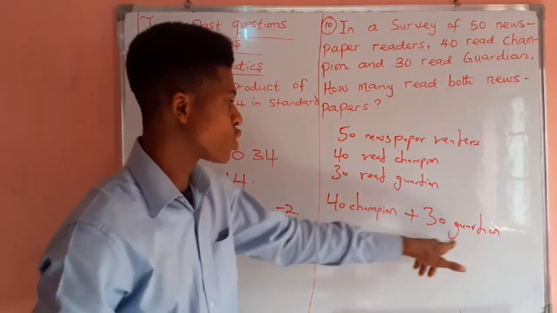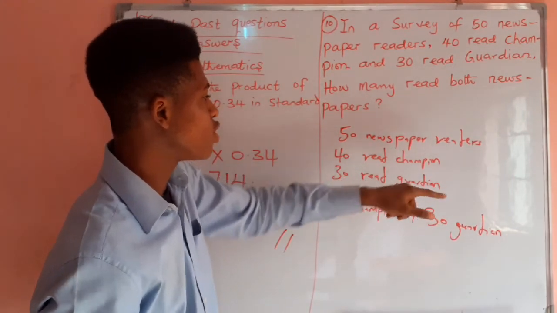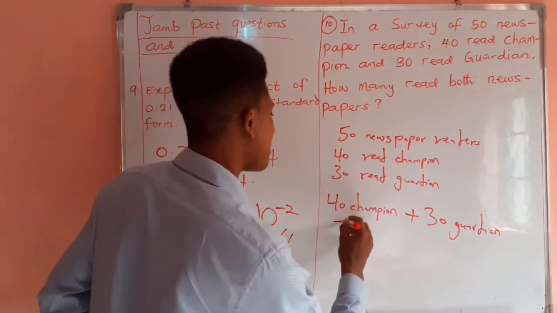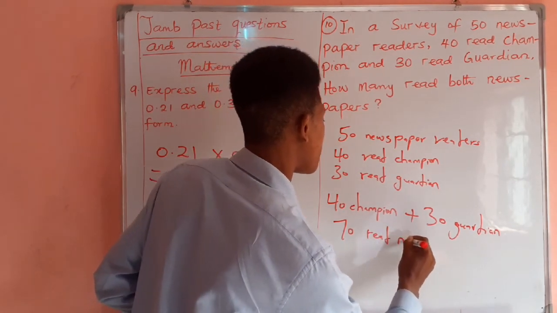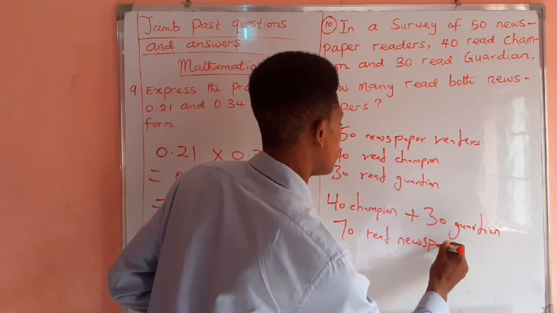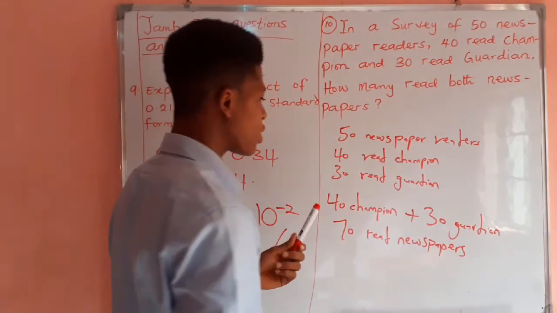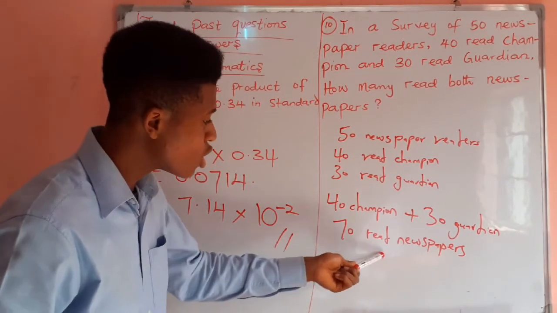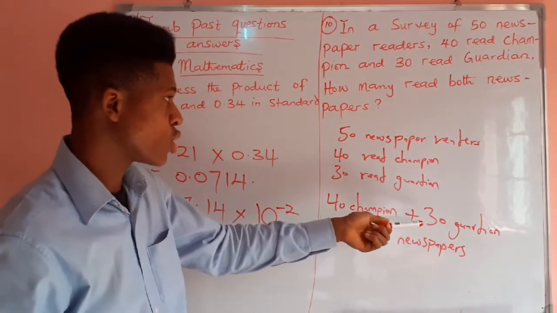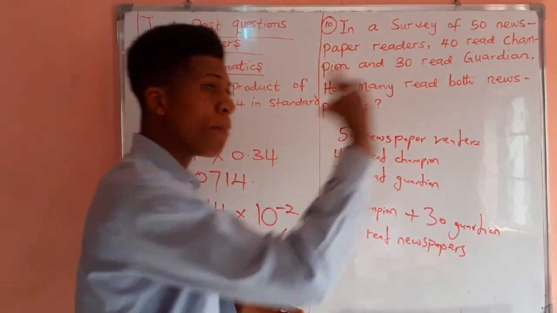If you add both numbers of newspapers that were read, it will be 70 newspapers read, right? And now you are looking for how many read both newspapers. So what are you supposed to do from here? You subtract the 50 newspaper readers from the total number of newspapers read, for you to get how many read both newspapers.